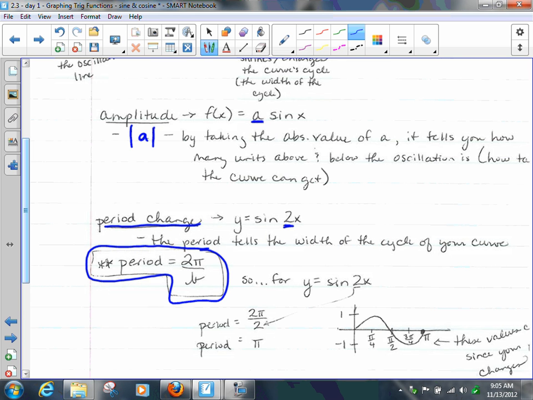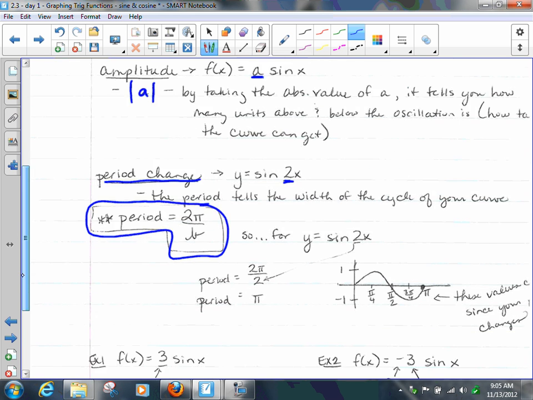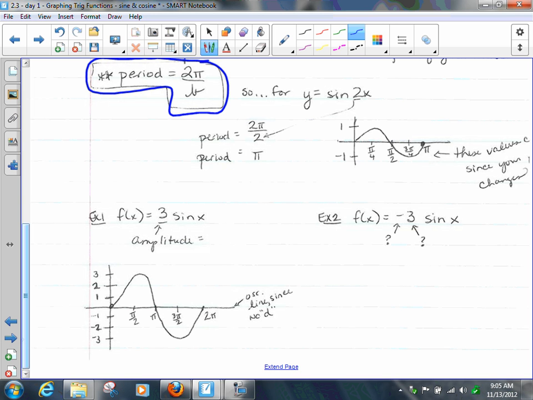So if we were looking at the equation y equals sine of 2x, okay? I want you to look at this. We're going to take the 2, and the first thing we need to do, and you'll see this more with all the problems that we work, we need to look at the amplitude.